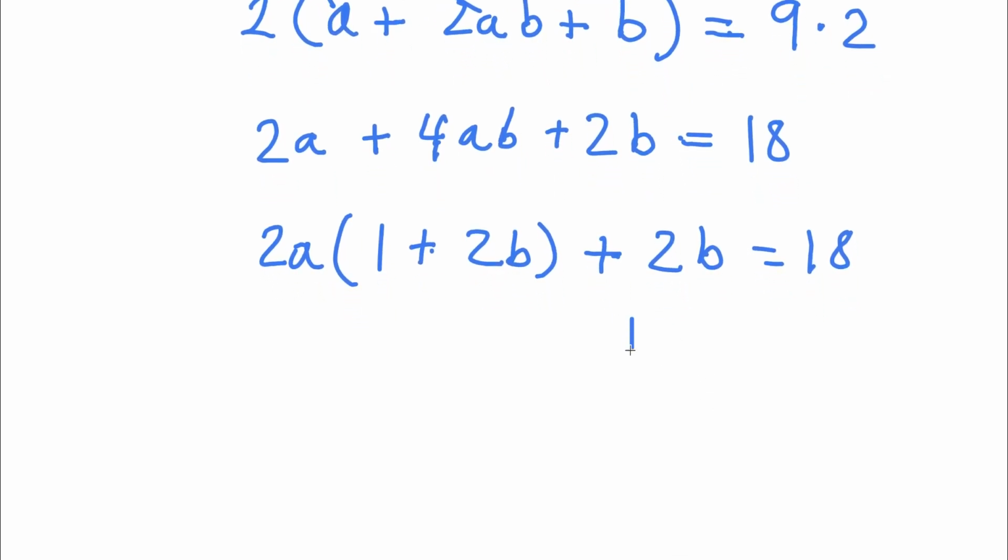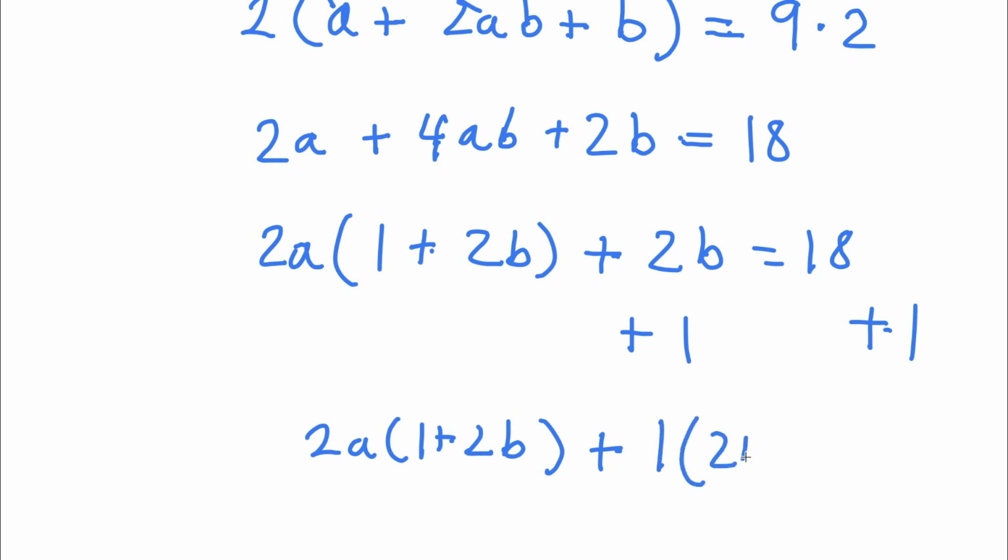Now if I add 1 on both sides, I get 2a times 1 plus 2b plus 1 times 2b plus 1 is equal to 18 plus 1, which is 19.